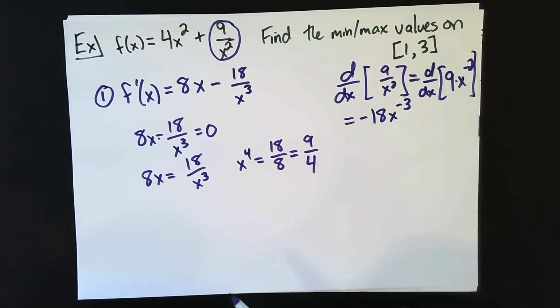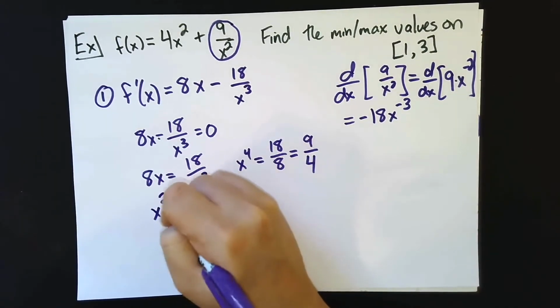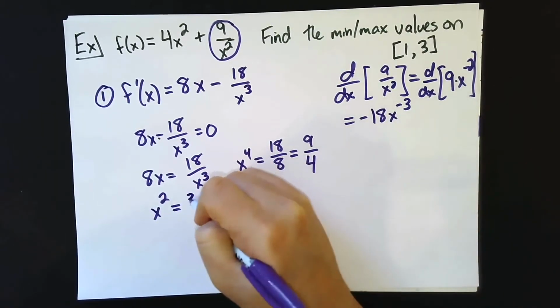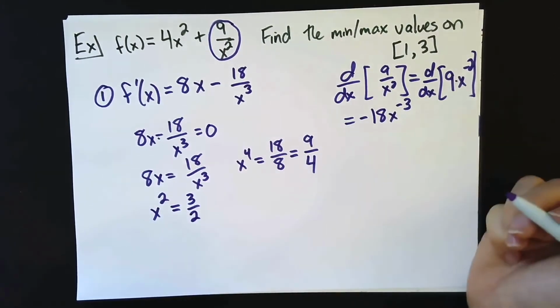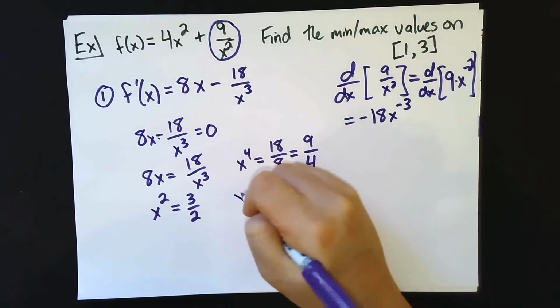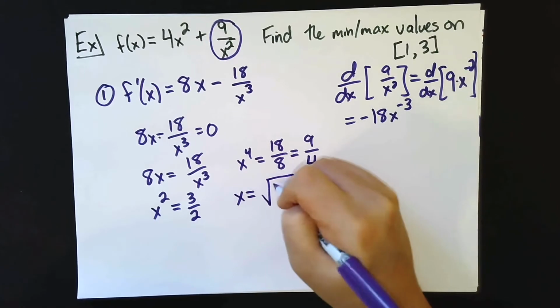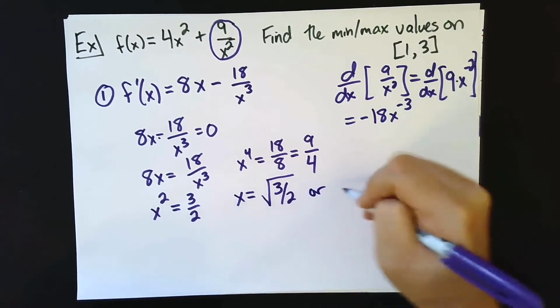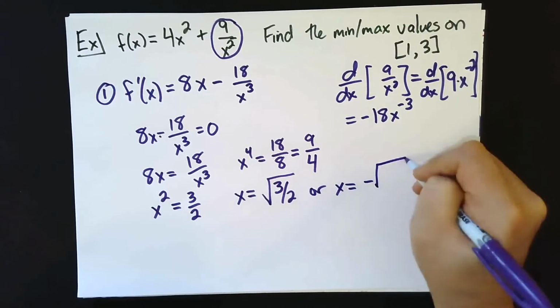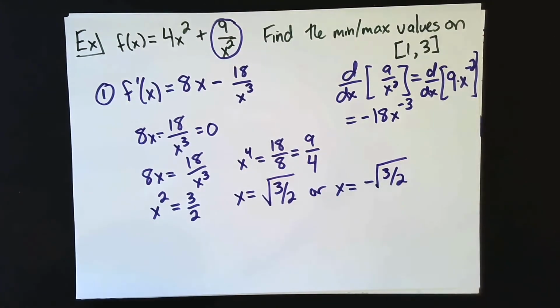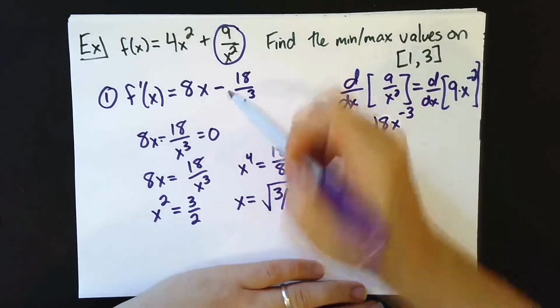I can take the square root of both sides, which will give me x squared is equal to 3 halves. And then that means x is plus root 3 over 2, or x is minus root 3 over 2. Those are my two solutions to where this derivative is equal to 0.